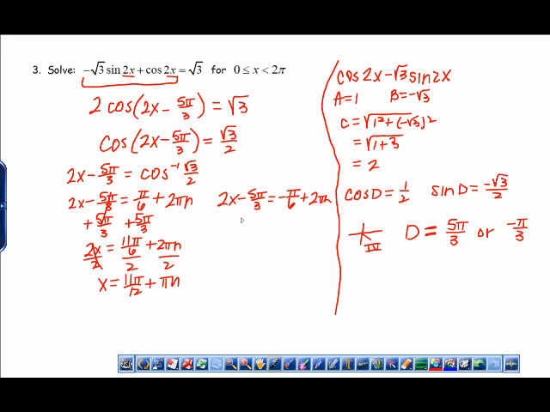Now let's go over here and find the other one. So add 5 pi over 3. And again, when I add 5 pi over 3, it's like adding 10 pi over 6.